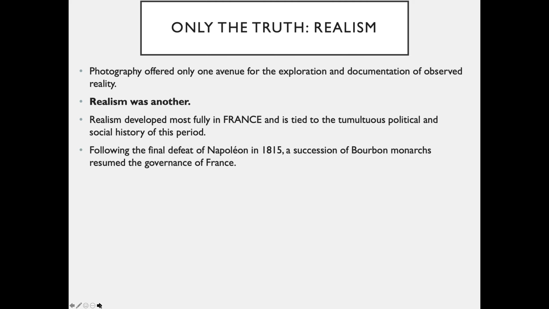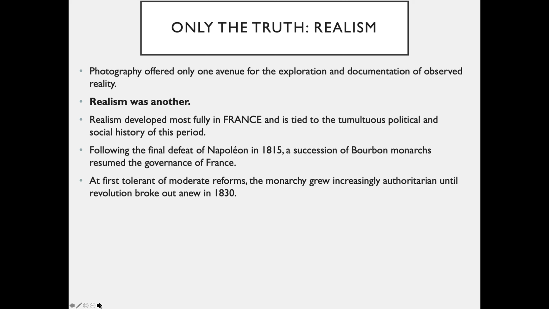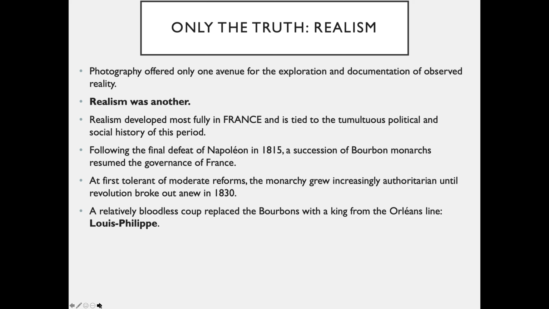Following the final defeat of Napoleon in 1815, a succession of Bourbon monarchs resumed the governance of France. At first tolerant of moderate reforms, the monarchy grew increasingly authoritarian until another revolution broke out in 1830. A relatively bloodless coup replaced the Bourbons with a king from the Orleans line, and this is Louis Philippe.